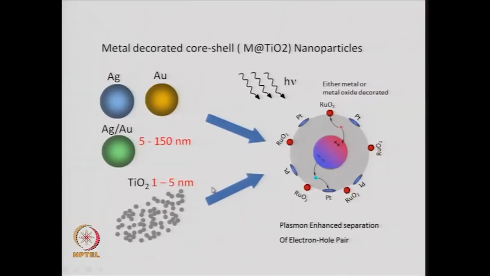Here you can have metals like silver, gold, or alloys like silver, gold, copper, nickel, and you can make a large number of alloys of various sizes, say between 5 to 150 nanometers. Then you take this metal particle inside, and on the outside, this gray part, you put your titanium oxide, and there are methods by which you can make this shell out of pure titanium oxide.